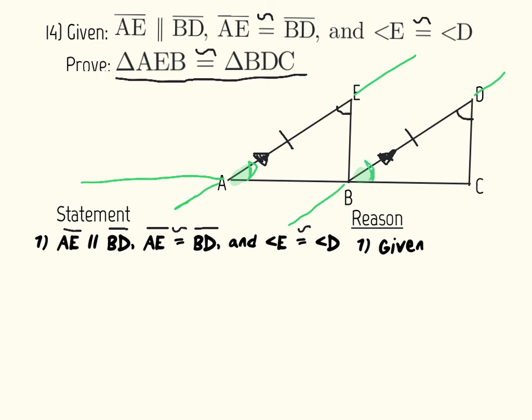If they are corresponding angles, then I know that they have to be congruent to each other. So that's what I'm going to do. So I'm going to say angle A is congruent to angle DBC.